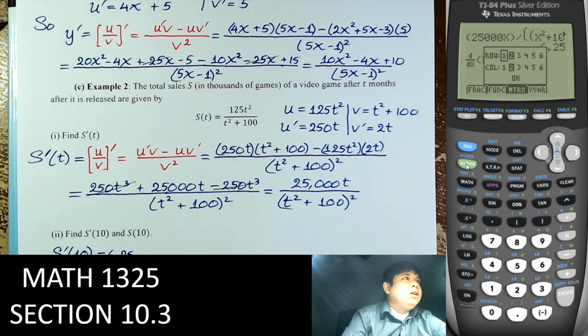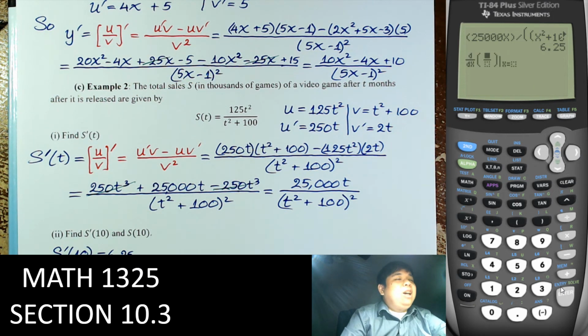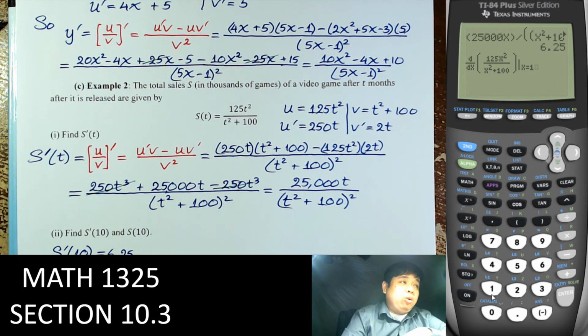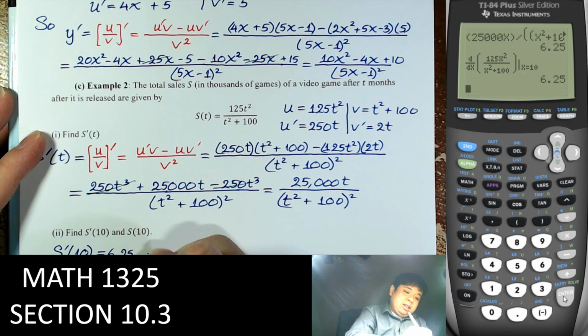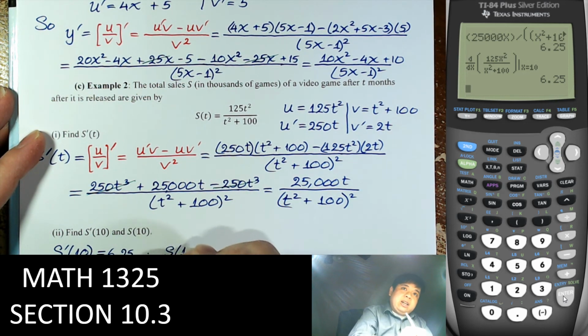Alpha y equal, that's the first one: 125 x square over x square plus 100. Evaluate when x equals 10. This is in thousands of games, so when we have 10, that means 10,000 games. We should get the same thing. That's cool.